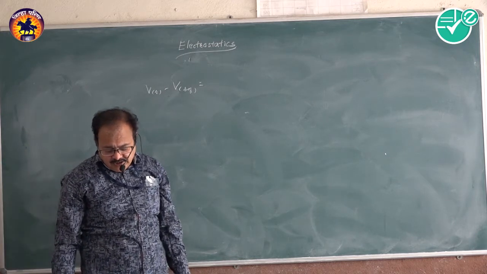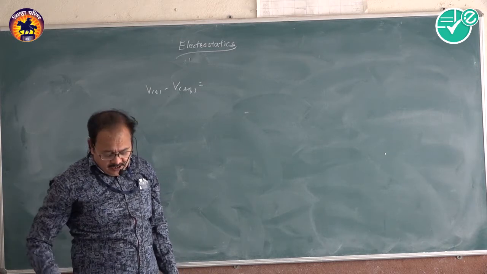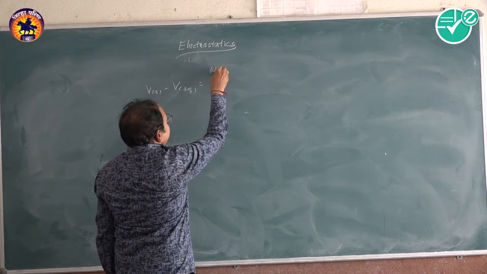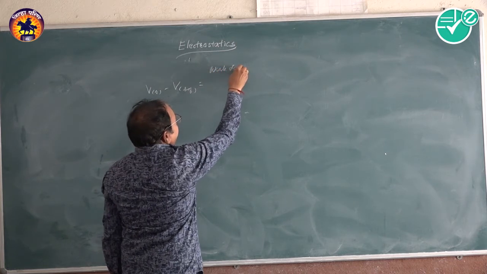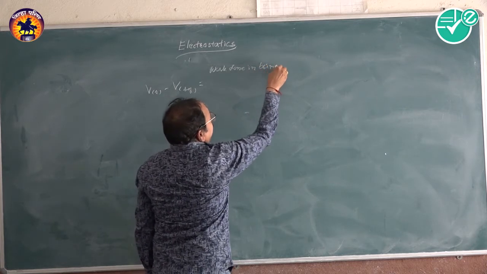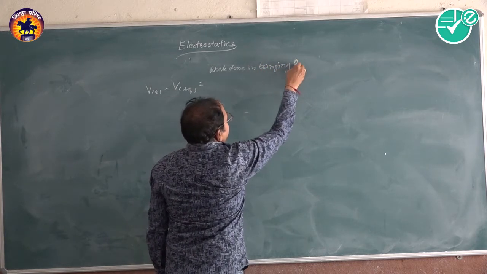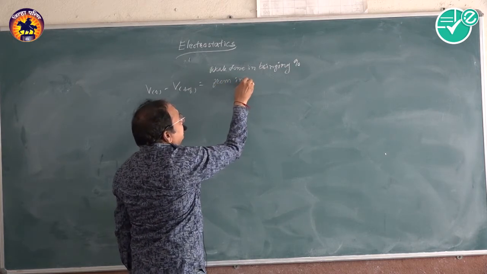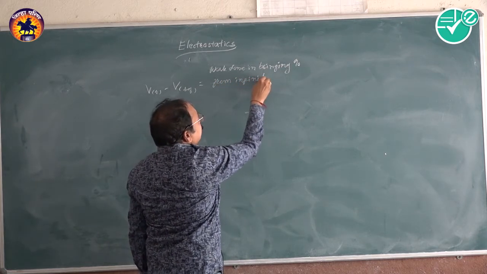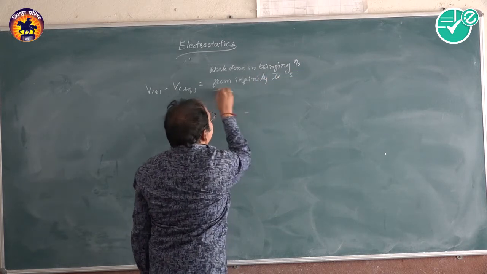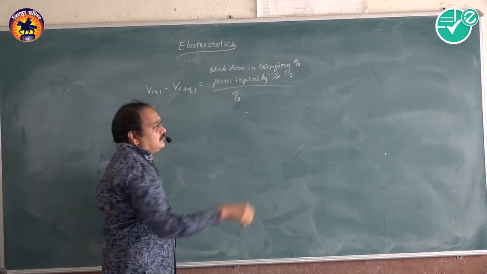That means to the reference point R, upon Q naught. The work done in bringing the test charge from infinity to our reference point R, divided by Q naught.